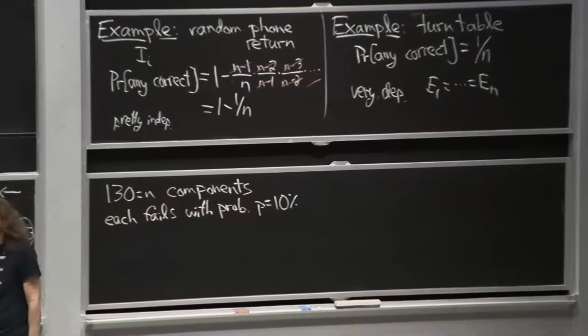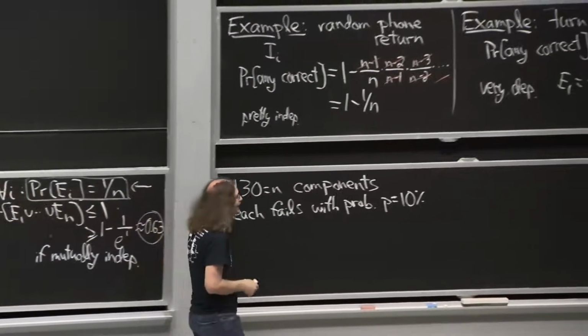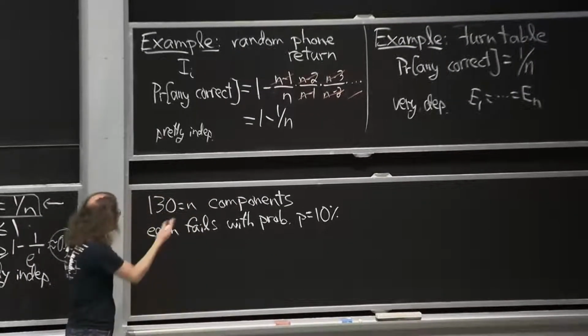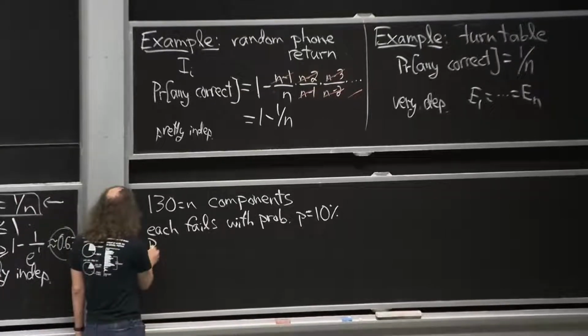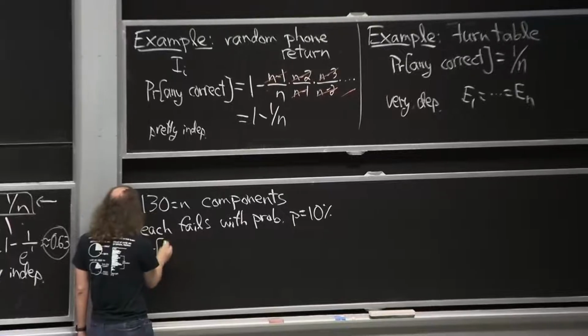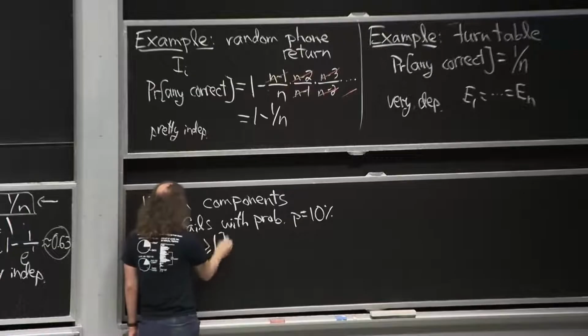I don't know if you ever built a Rube Goldberg machine. Even that's difficult to engineer. It's very easy to get more like 50, 70% success rate. But let's say you can get 90% success rate. Then what's the probability that there is a failure? Number of fails is at least 1.